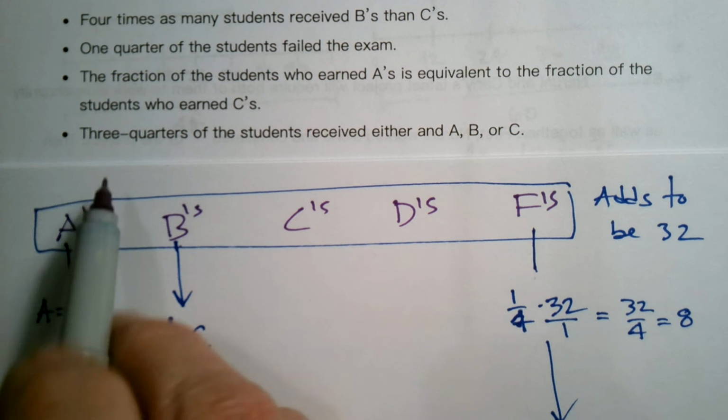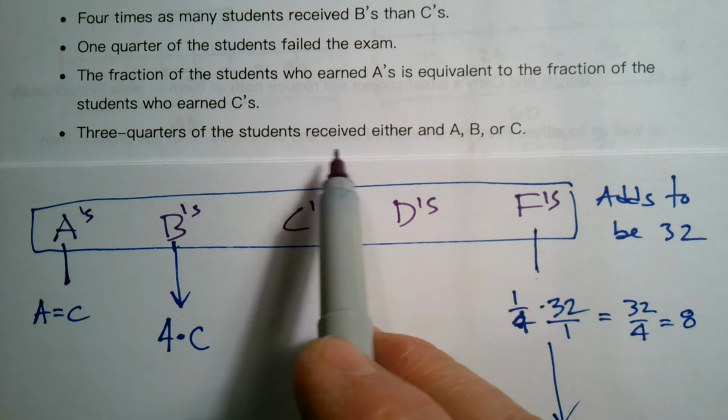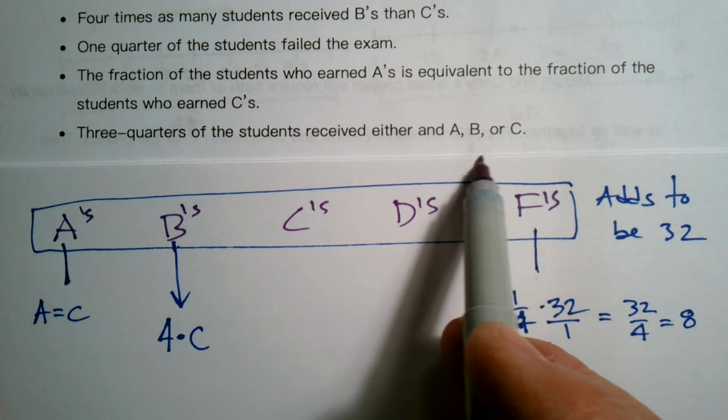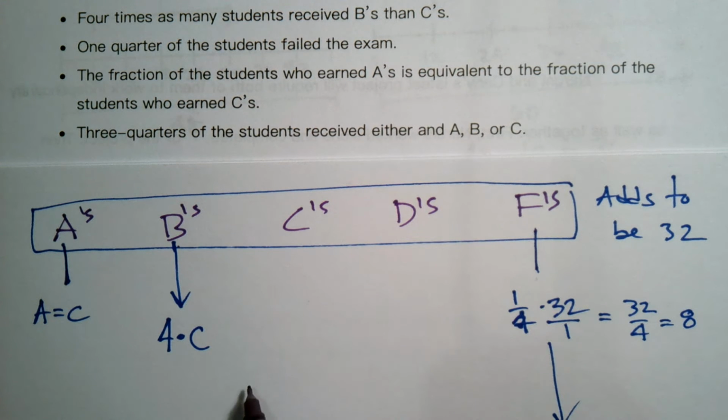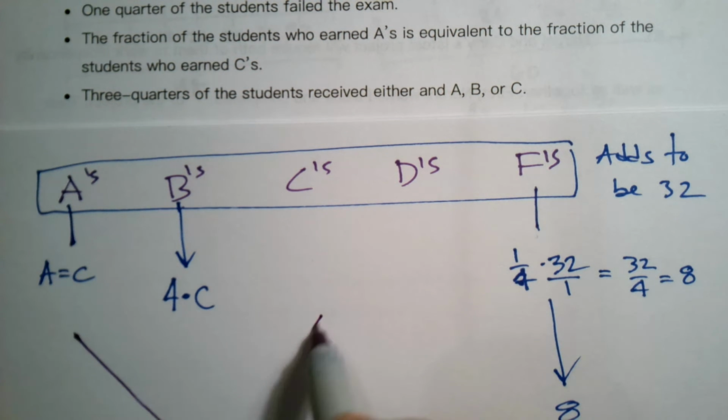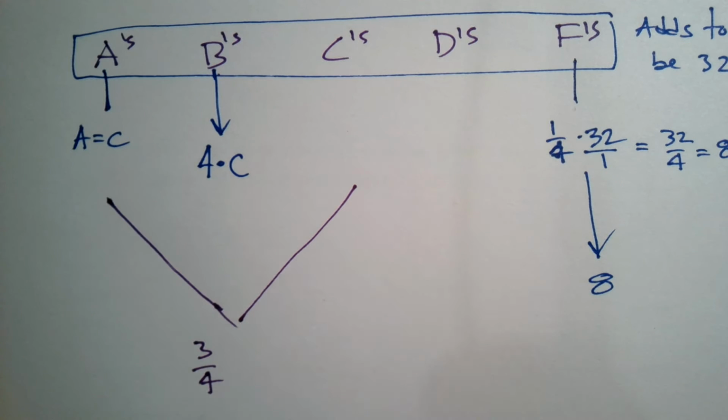And then the last one: 3/4 of the students received either an A, B, or C. So that means A, B, and C together would be 3/4 of 32.